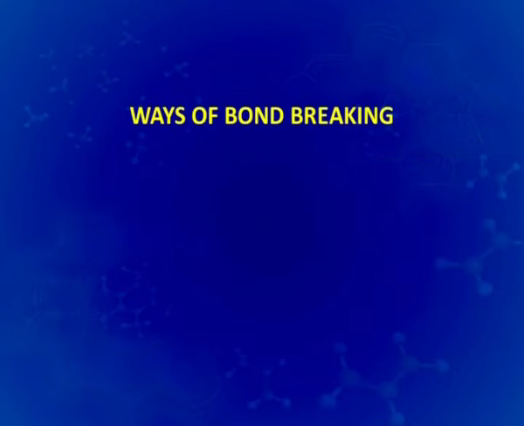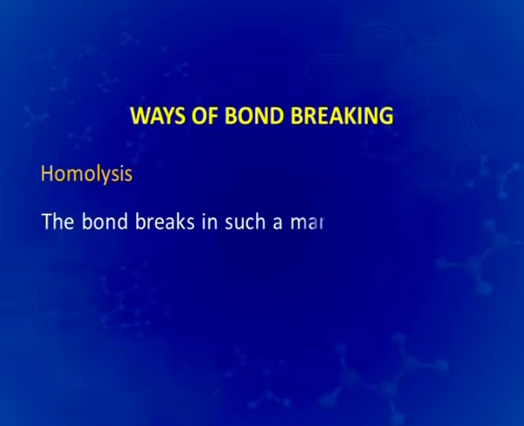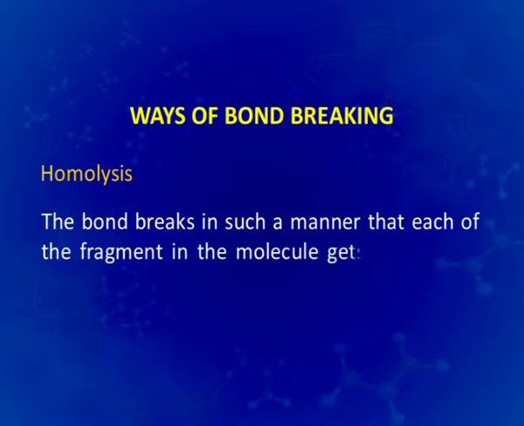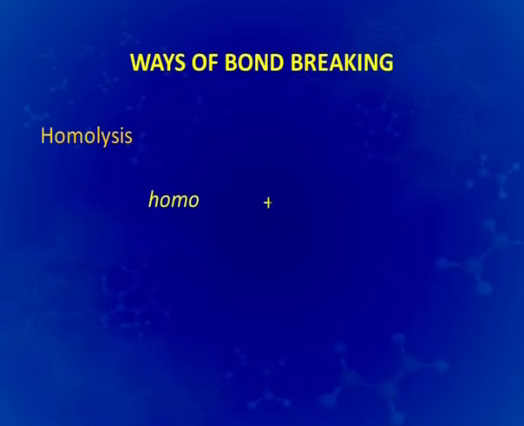The other way of bond breaking is homolysis. Homolysis is the type of bond breaking which takes place in such a manner that each of the fragments in the molecule gets an electron each. The word homolysis is also made up of two words, homo and lysis.